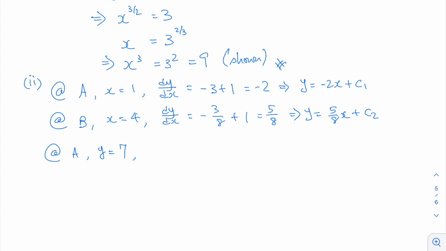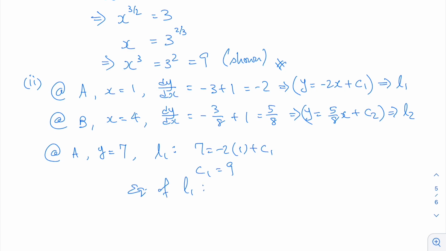Let's call the first tangent L1 and the second tangent L2. For L1, 7 equals negative 2 times 1 plus c1, so c1 equals 7 plus 2, which is 9. So the equation of L1 is y equals negative 2x plus 9. Equation 1.